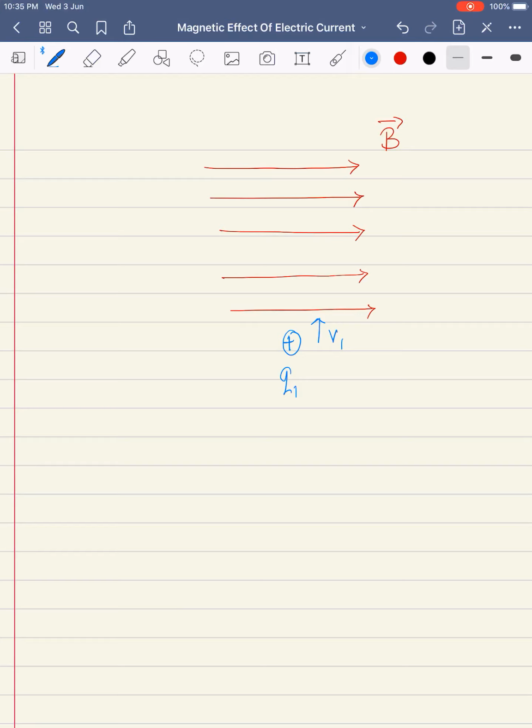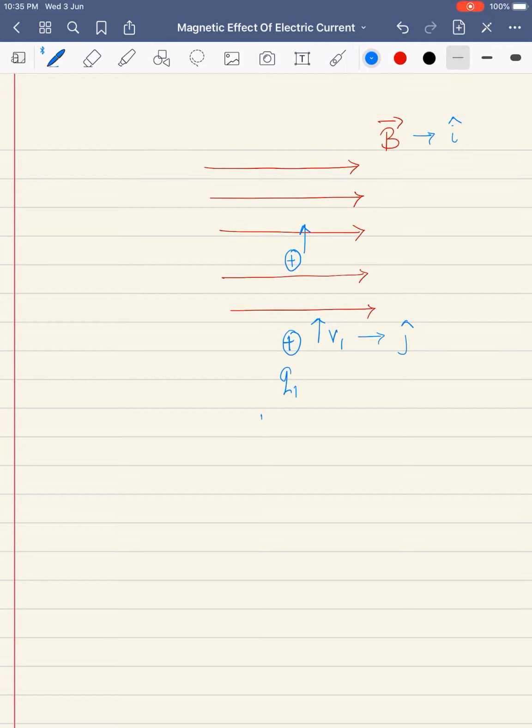As soon as it enters the magnetic field, it experiences a force. Now look over here, how does it experience a force? Magnetic field is along the x-axis, so it is along i vector, whereas velocity is along y-axis, so we call it as j vector.